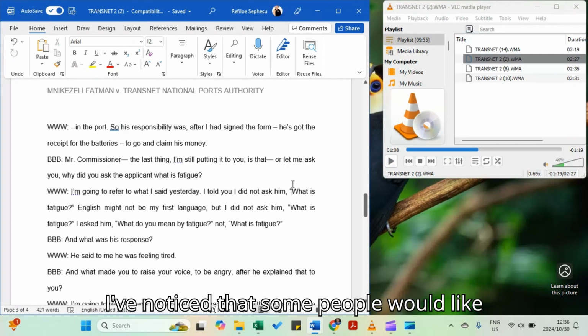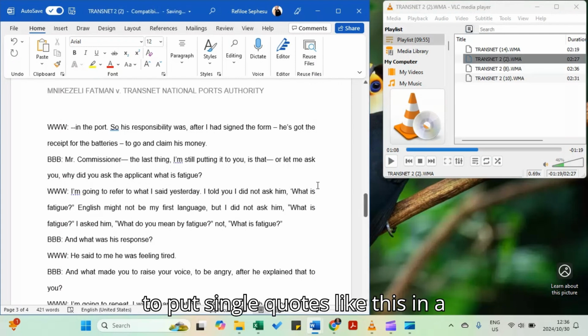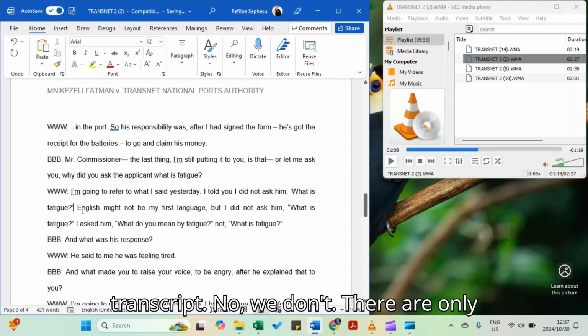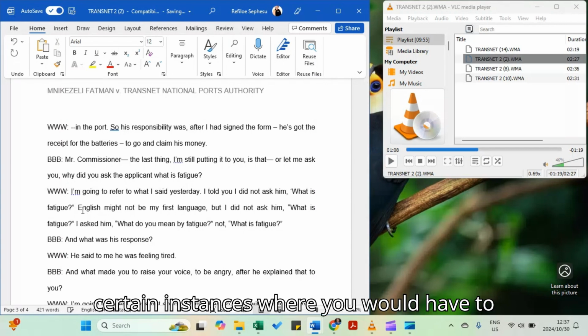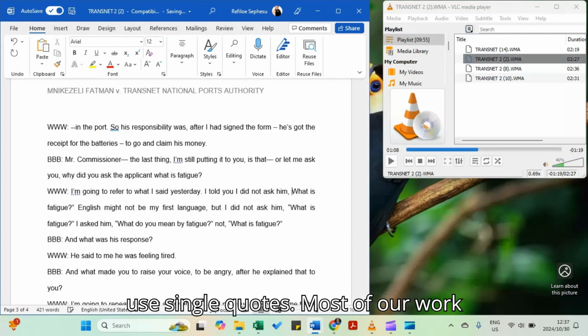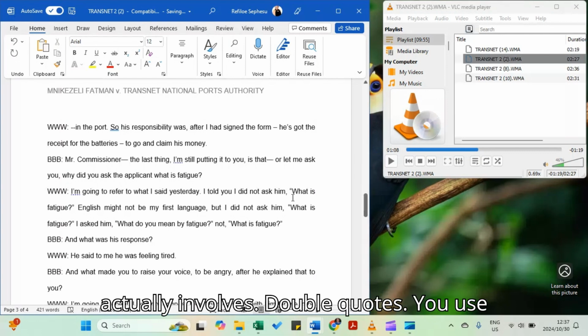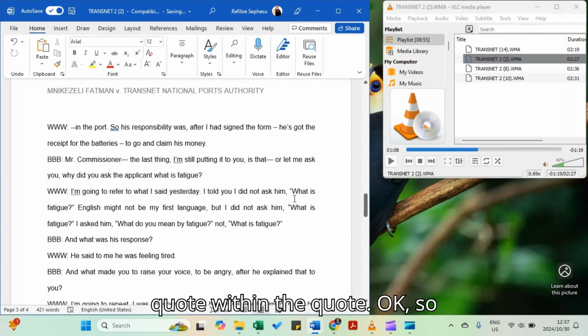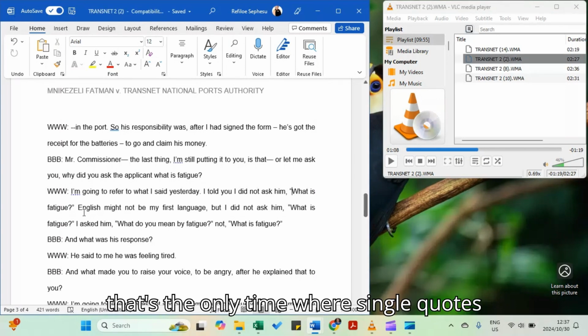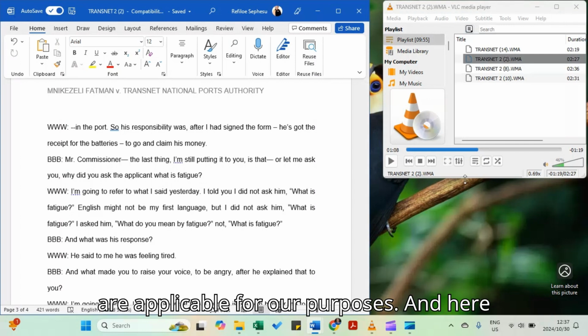So I've noticed that some people like to put single quotes like this in a transcript. No, we don't. There are only certain instances where you would have to use single quotes. Most of our work actually involves double quotes. You use single quotes if you are inserting a quote within the quote. Okay, so that's the only time where single quotes are applicable for our purposes.